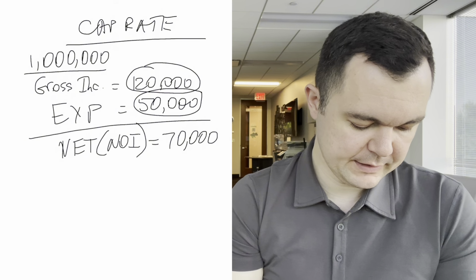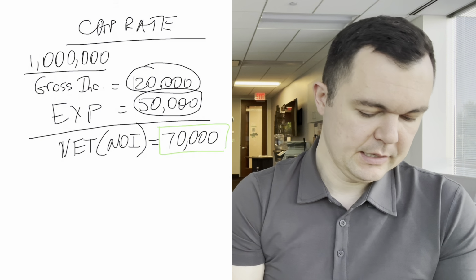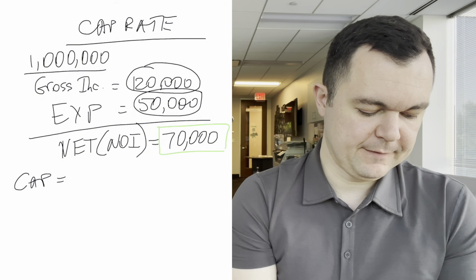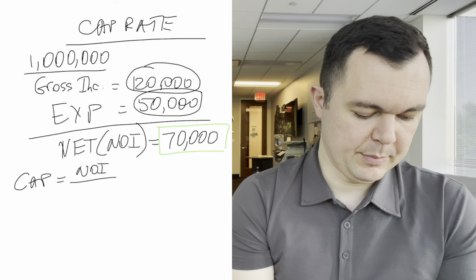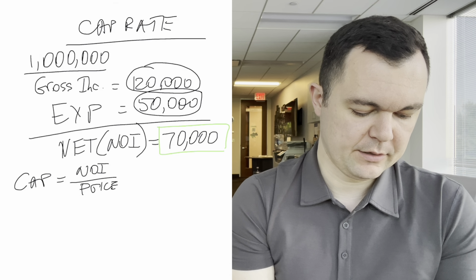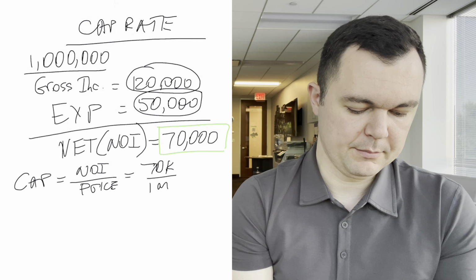Now, you came to this number, which is your NOI, which is $70,000. All you have to do for the cap rate is simply divide that NOI by the price that the seller wants. So 70K, divide by 1 million.